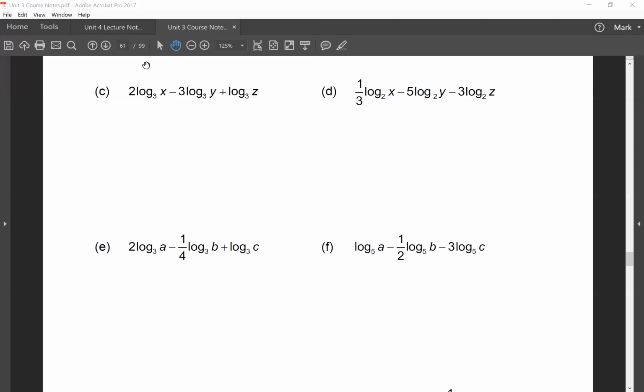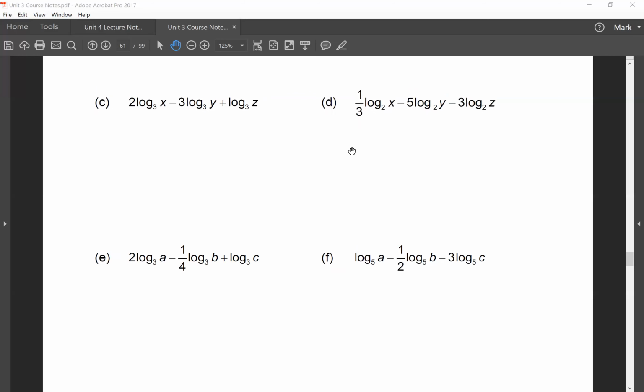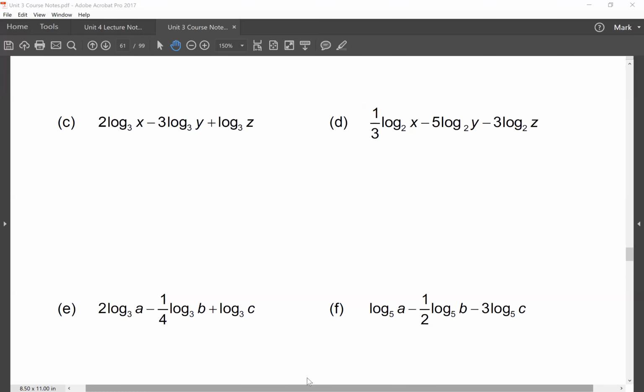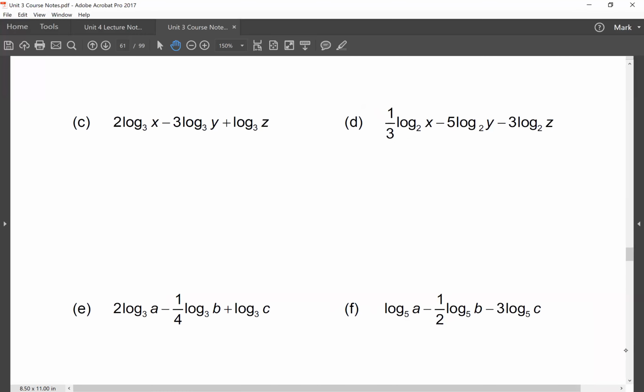All right, let's check these out. Again, there's 4. They're all of almost equal difficulty here. So first things first, I'll zoom in. I'll move the exponents back into the logarithm.